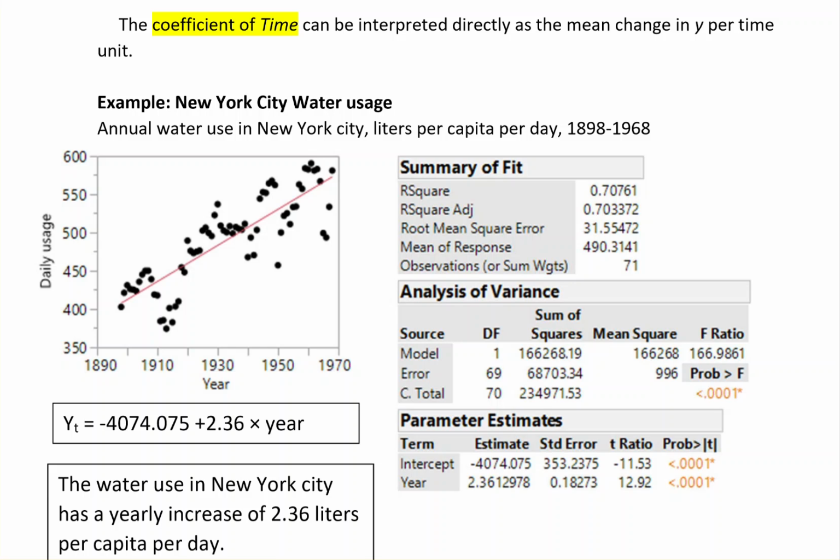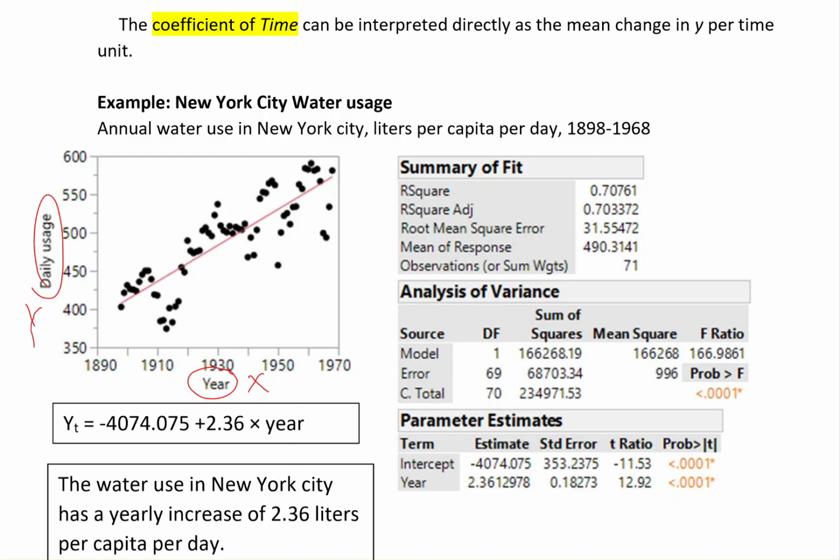So for this case, we can just fit a simple linear regression. The year will be your explanatory variable, and the daily usage will be the response variable y. Everything will be the same.